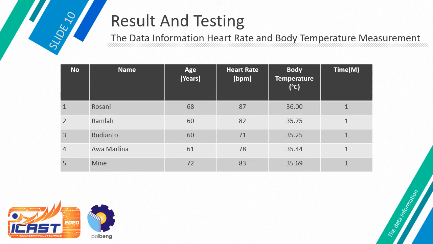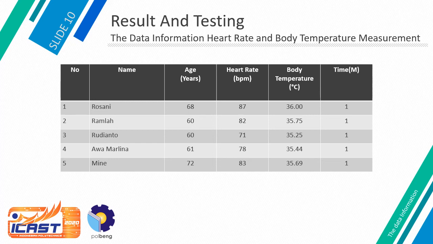Result and testing. The data information, heart rate and body temperature measurement. The result of the examination of heart rate and body temperature condition were carried out randomly by involving 5 elderly people as sample, taken on July 23, 2020.